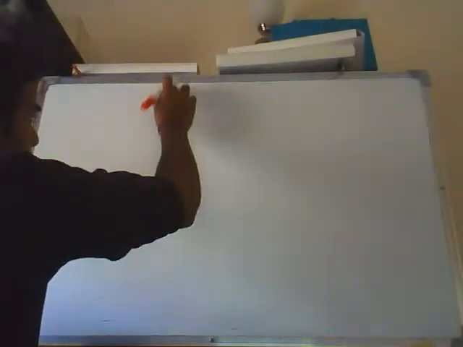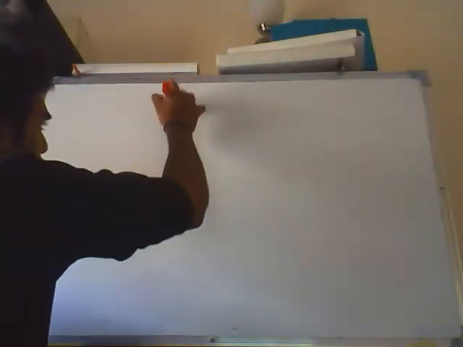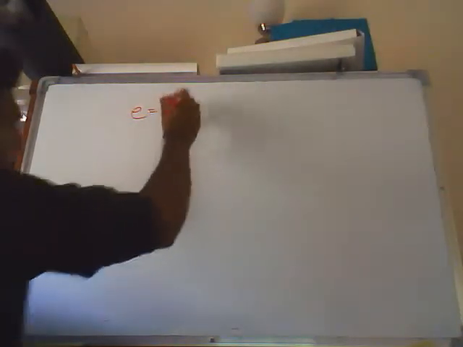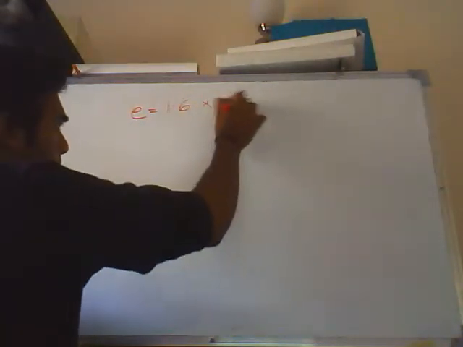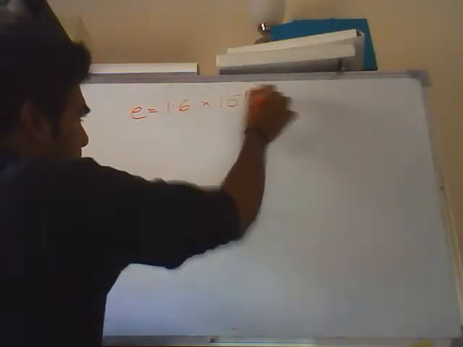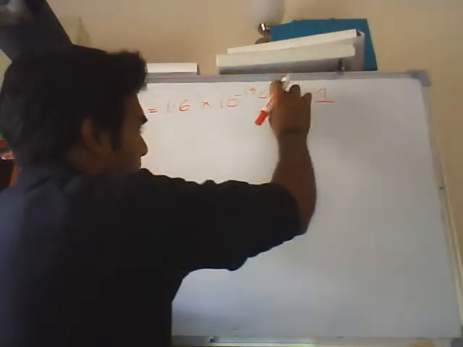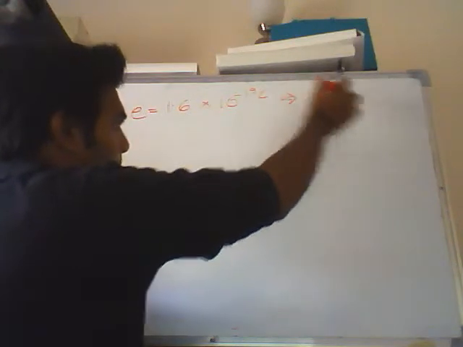The charge of an electron, remember, this was our first value that we've learned. E is 1.6 times 10 to the negative 19 coulomb. We want to make this 1 coulomb, right? We want to make this 1.